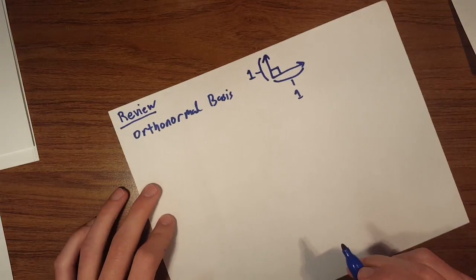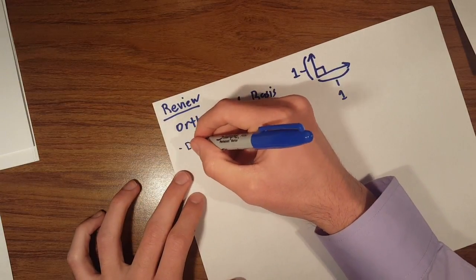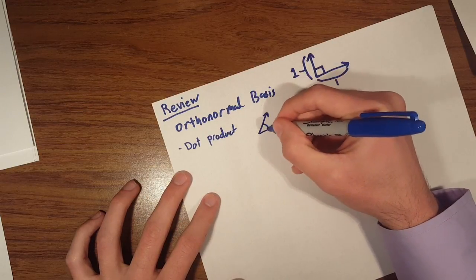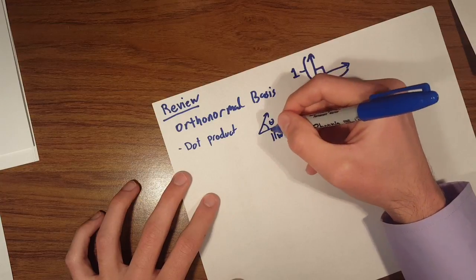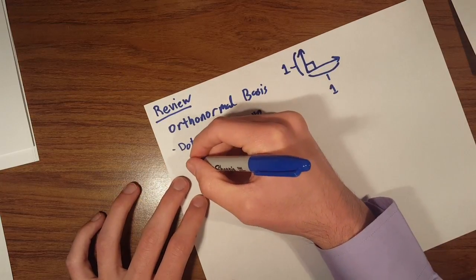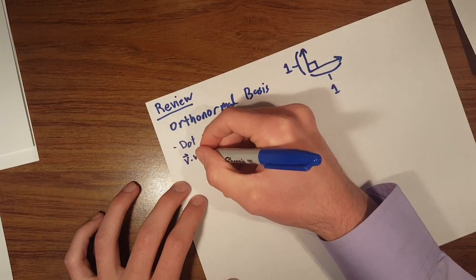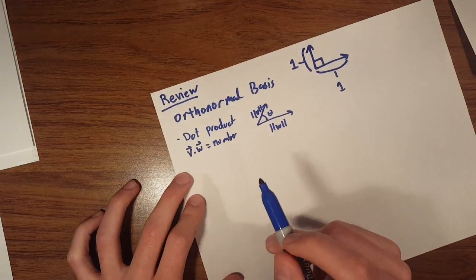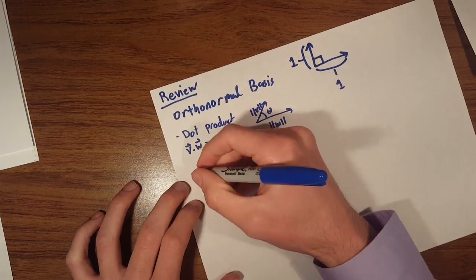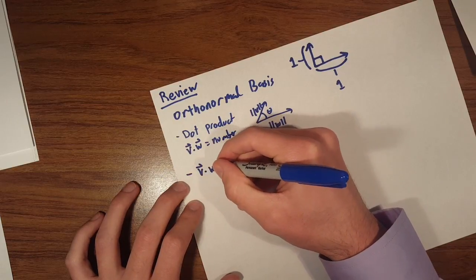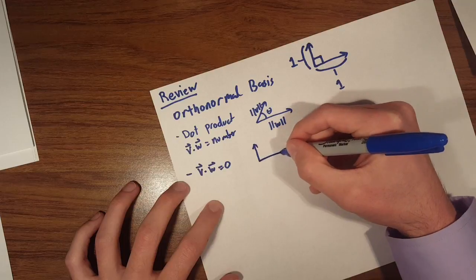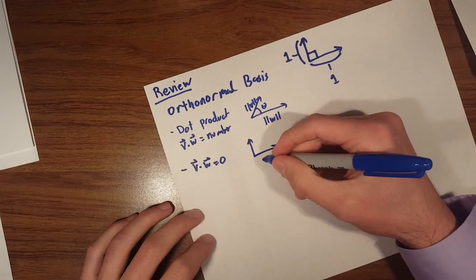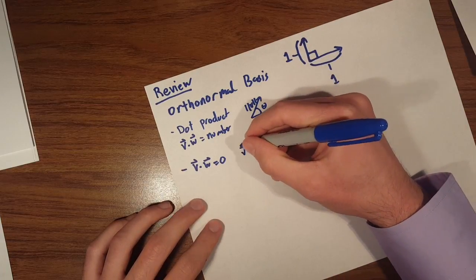To talk about lengths and angles, we introduced the dot product, which is related to the lengths and the angles of the vectors, and it produces a number from two vectors that represents how similar the vectors are to each other. If they're orthogonal, then V dot W equals 0, and they're basically nothing like each other. They go in completely different directions. There's no part of W that can be explained by V and vice versa.